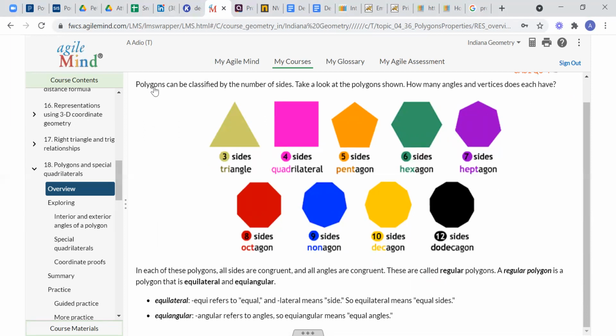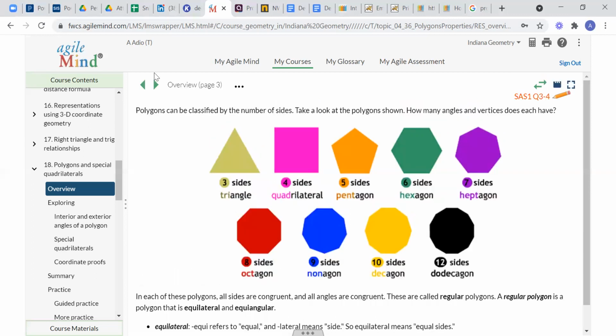Equiangular means all the angles are the same, and equilateral means all the sides are equal. Equilateral is from two words, equi, which means equal, and lateral, which means side. And equiangular comes from two words, equi, which means equal, and angular, which means angle.